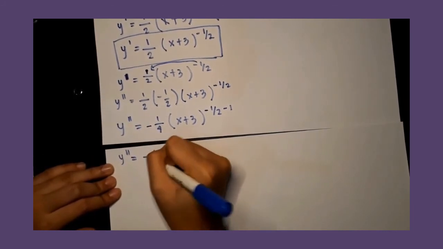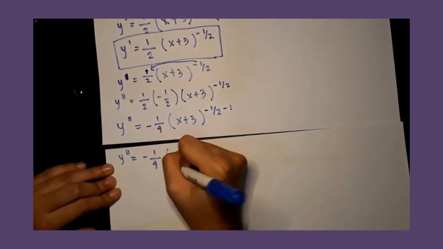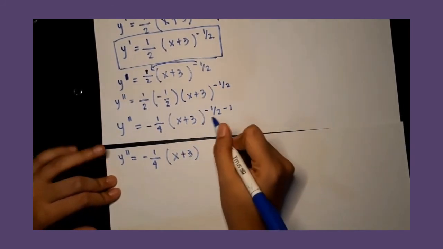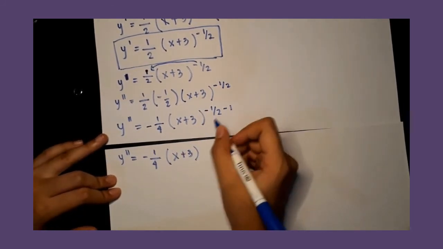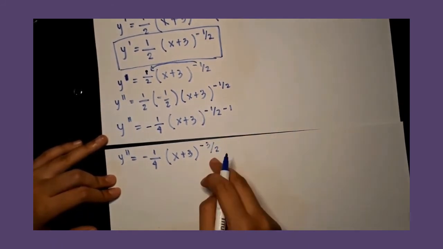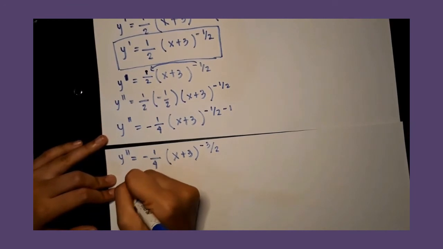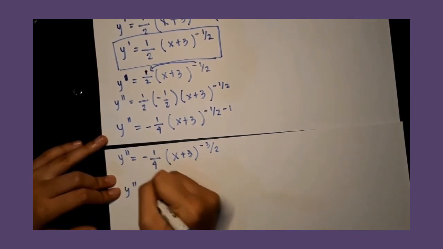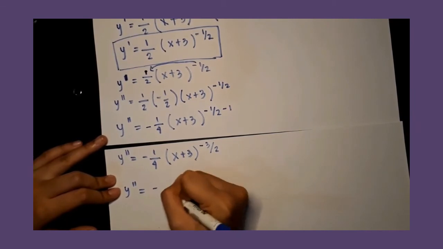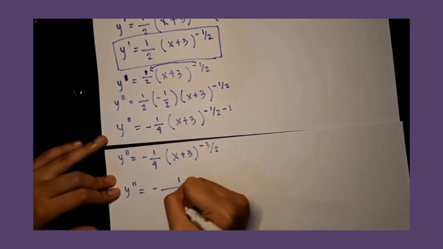Now let's simplify. So we have y double prime is equal to negative 1/4 times x plus 3 to the power of negative 1/2 minus 1, which is negative 3/2. Since the exponent is negative, let's get its reciprocal.